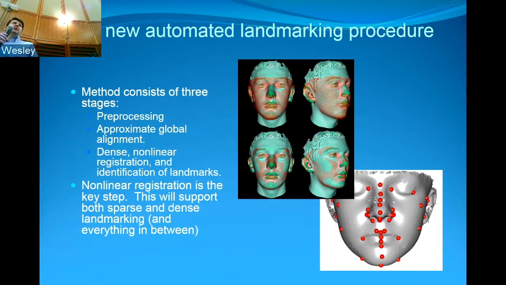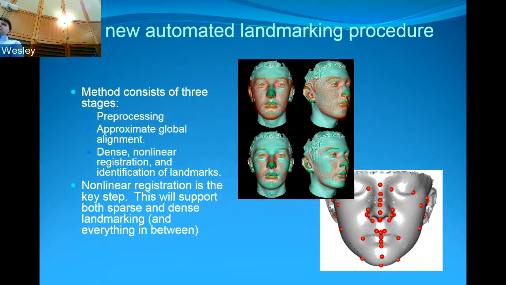And so we had to go to what is actually a more accepted or more generally used approach, but ultimately would be a more useful one, which is to use a combination of rigid and then nonlinear registration to morph every face to map it, transfer the points to every face, and then restore the face to its original configuration, thus changing the landmark configuration of every face.